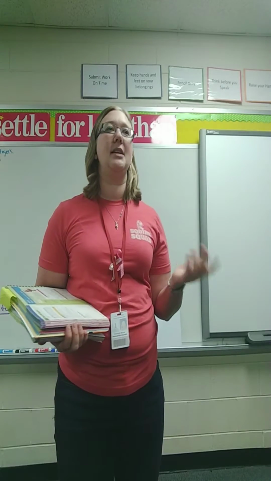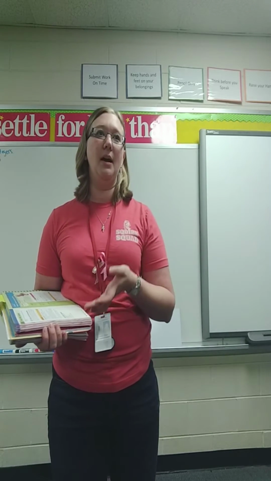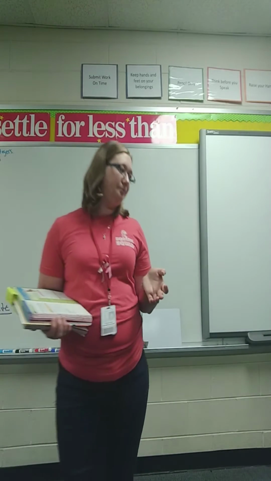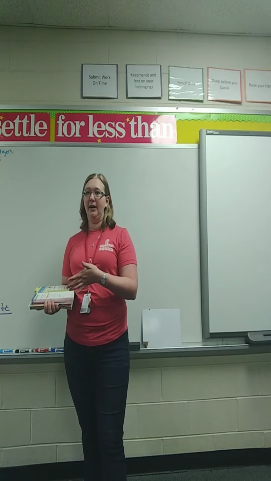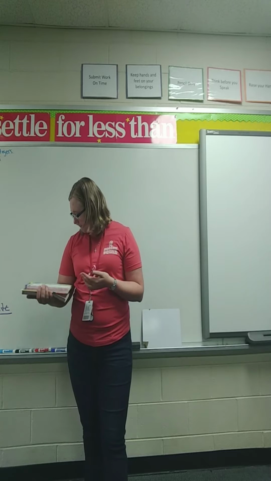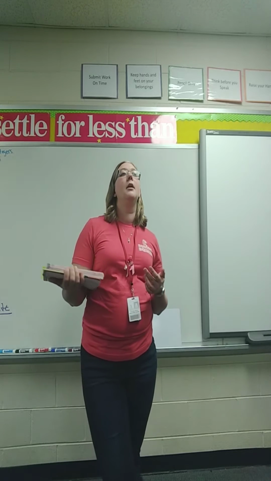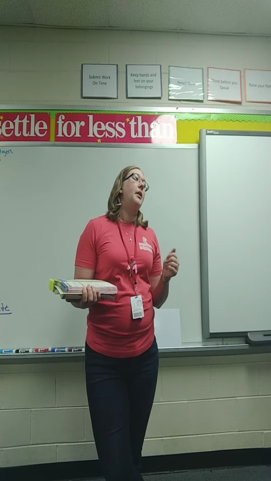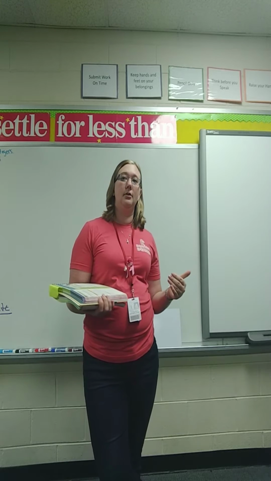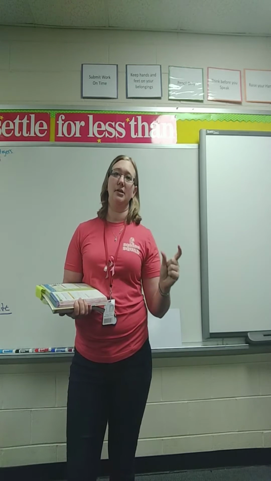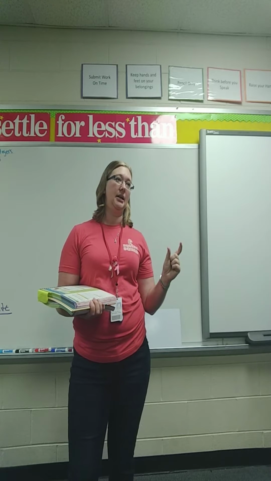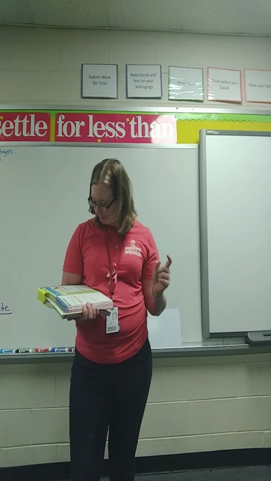No, because any negative times itself would be positive, and we can't have something times itself to get a negative answer. So if our root is negative, the negative sign has to be outside of the radical symbol. Everybody got that? Okay.